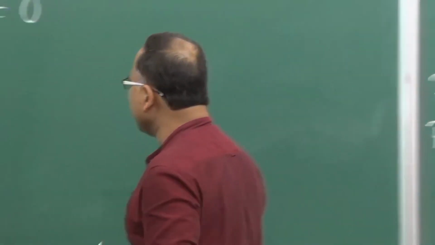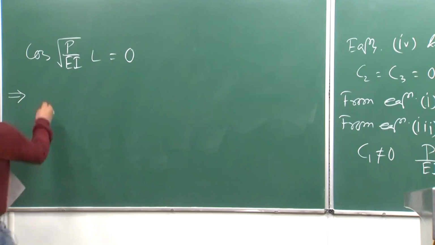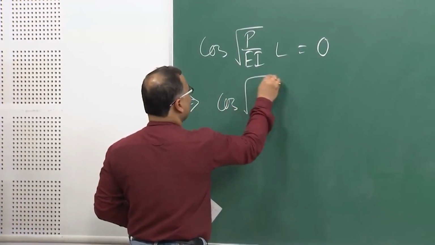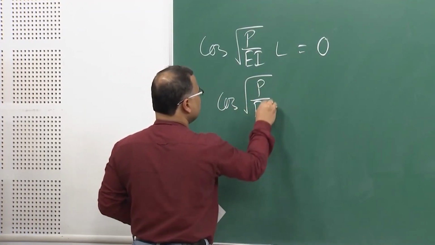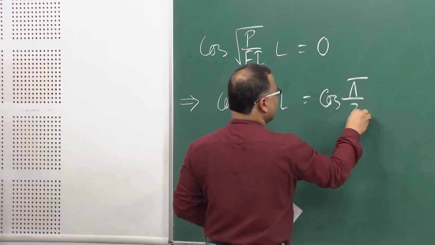So, to find the lowest possible load for which the instability occurs, I can simply write cos root over P by EI L is nothing but cos pi by 2.